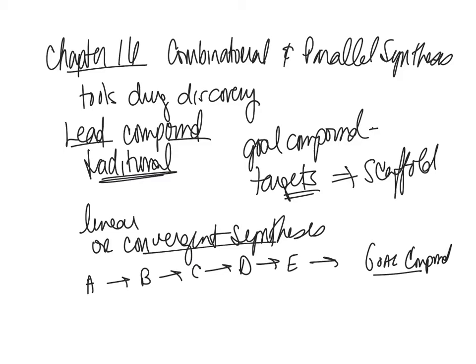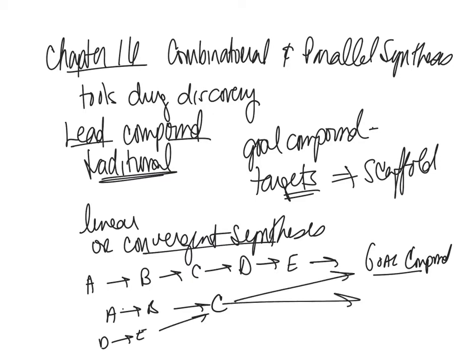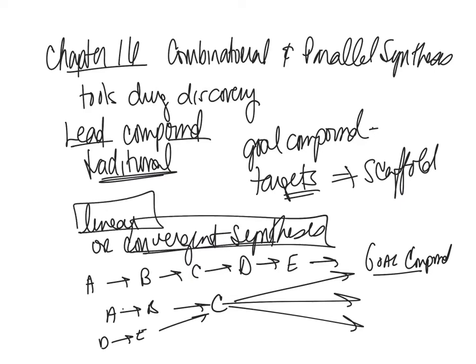But with a convergent synthesis, maybe you can go from A to B to C, and then here you can go from D to E to C, and then from C you can go to as many different compounds as possible. And so that is a better synthesis. So convergent synthesis is considered better than linear.